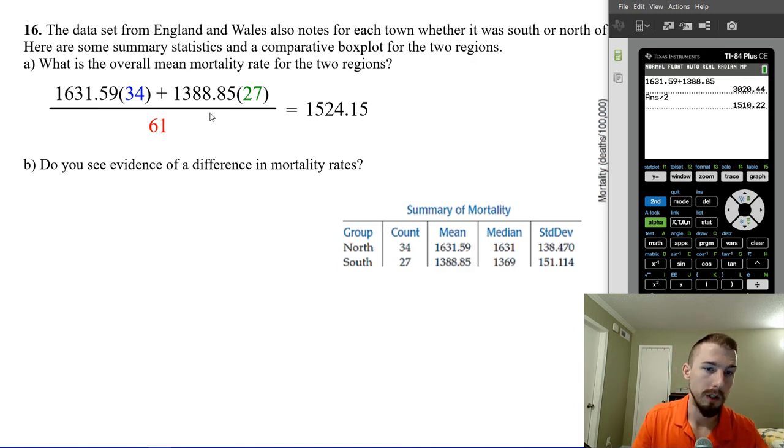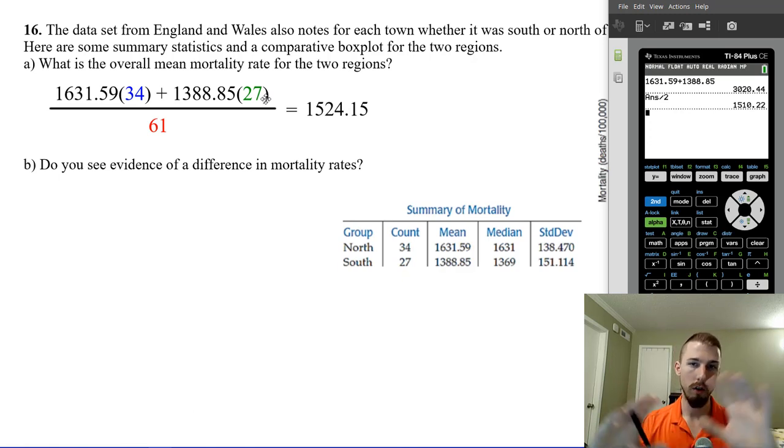Now what's kind of cool is I was never actually taught weighted averages. I just kind of figured out how we would make the formula for it. So what you're going to end up doing is you're going to take the mean and multiply it by the sample size. And what that's going to do is give you the total mortality rates for all 34. Then we're going to add the same thing of the mean times the sample size for this one, which is also going to weight it in proportion as well.